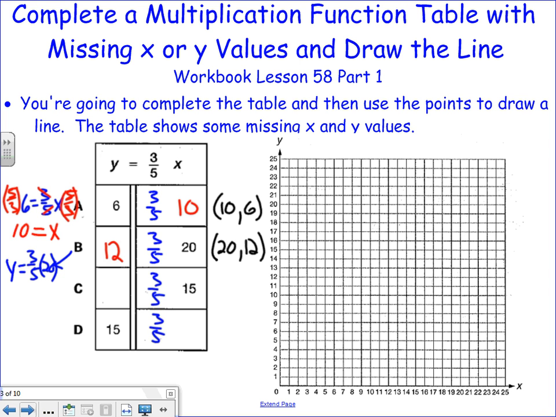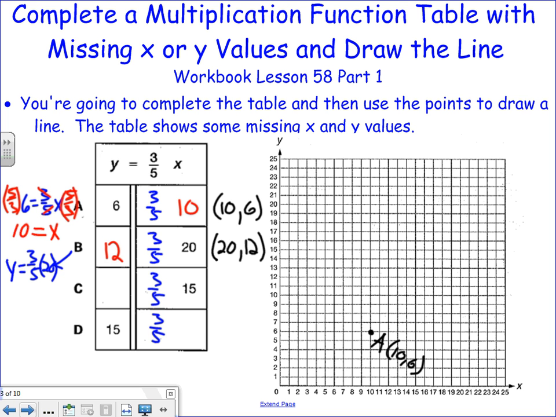And what I'm going to do is go ahead and plot those points and label them. So A is at 10, 6. So 10, and then up to 6, which would be right there. I'm going to label that point A, and I'm going to put my coordinates there that it's at 10, 6.